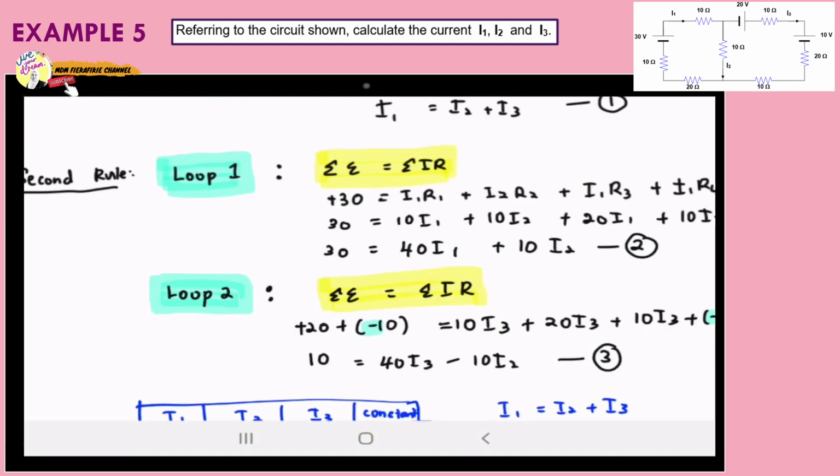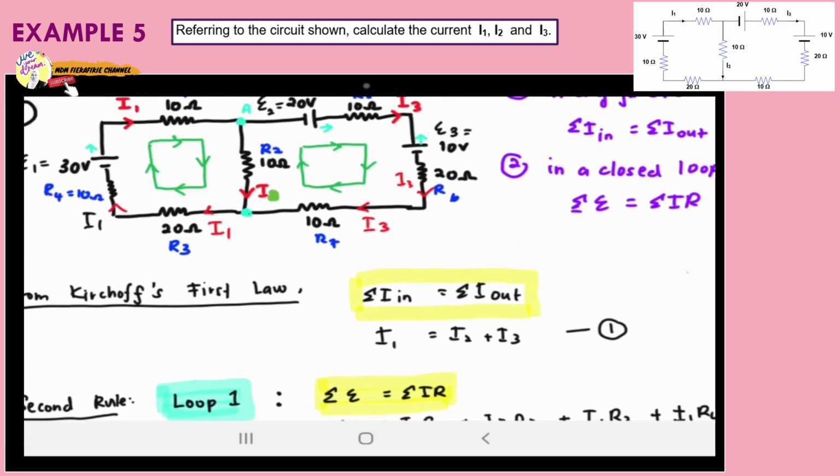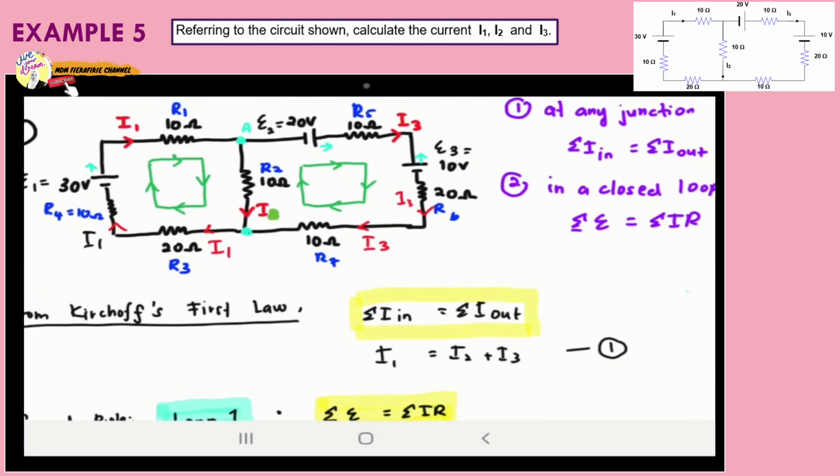Let's say the question asks us to find the potential difference across R3. Now look here, this is our R3, right? The current that flows through R3 is I1.